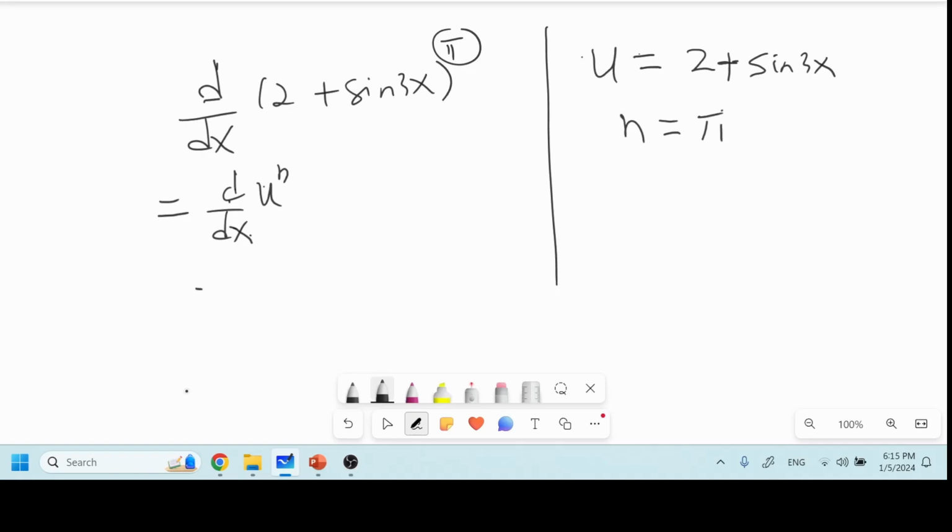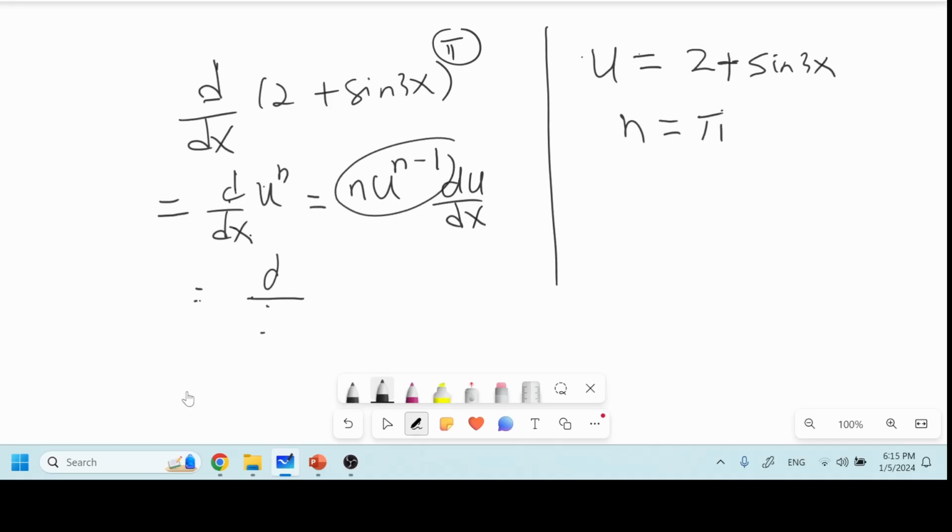Therefore, you can calculate the derivative by using the chain rule, n u to the power of n minus 1 times du/dx.